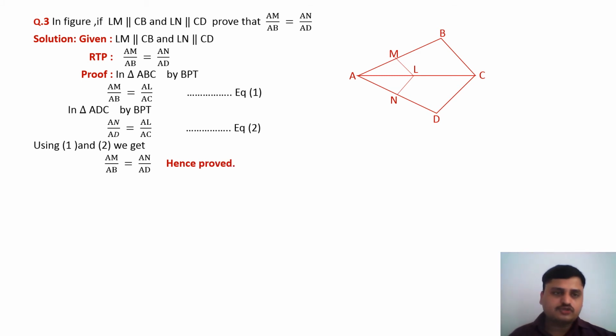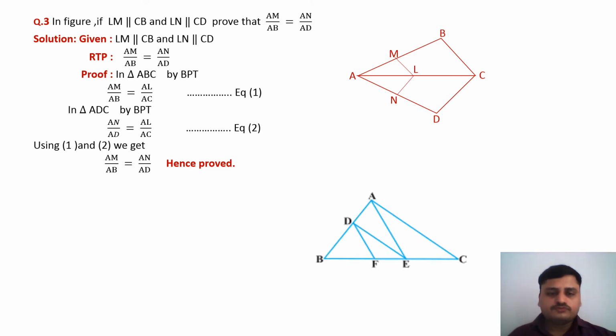So this is question number 3. Now do question number 4. In this figure you can see that DE is parallel to AC and DF is parallel to AE.